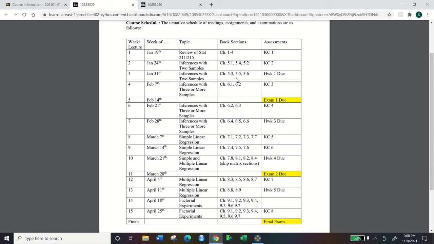Homework 1 will cover chapter 5. Homework 2, I see there's a typo here. This should say homework 2. I'll fix that before class begins tomorrow. Homework 2 will cover chapter 6, homework 3, chapter 7, and homework 4 will cover chapter 8.